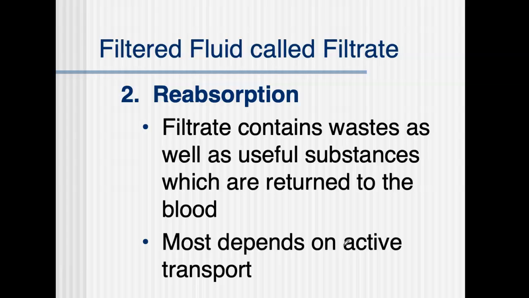For example, glucose. Glucose could have been filtered into what would have become urine, but we don't want to do that. We want to recycle it and bring it back into the blood. Most of this is with active transport. The kidney does an amazing job of moving ions in the direction that it needs to move them in.